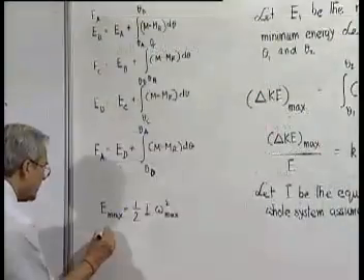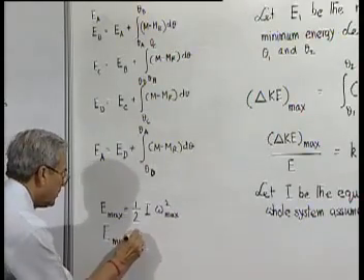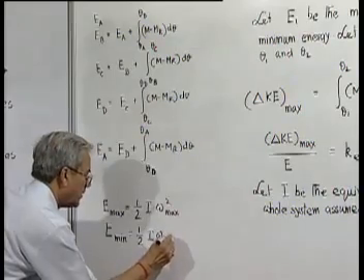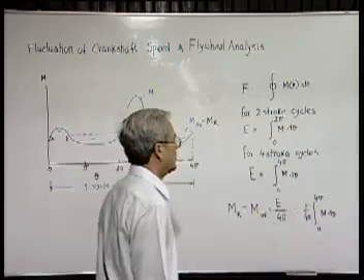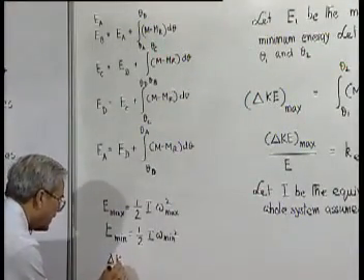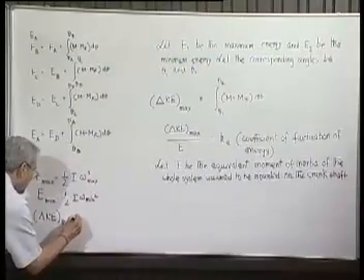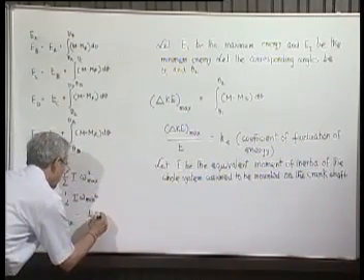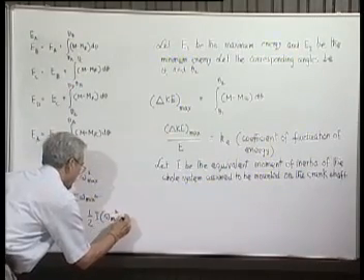Similarly, E mean will be half I omega mean square. So, therefore, delta KE max is nothing but half I omega max square minus omega mean square.